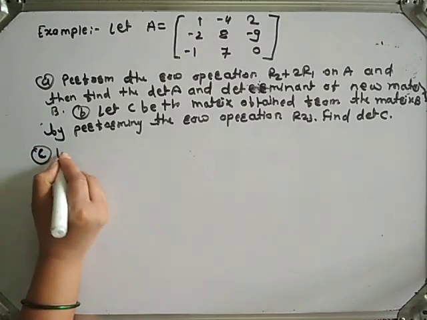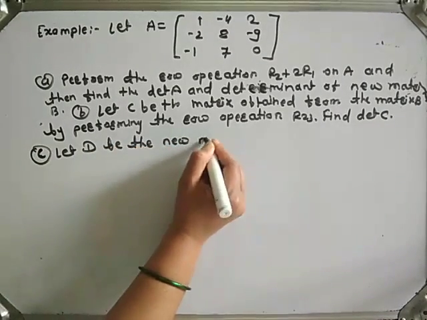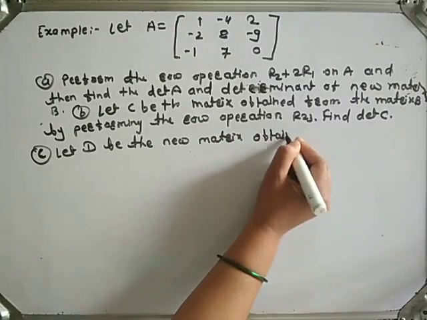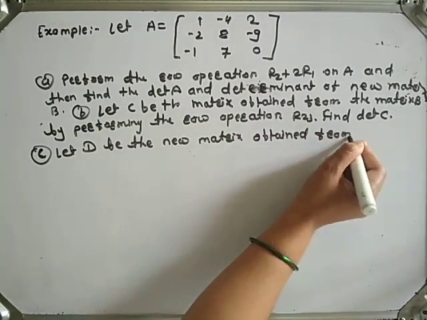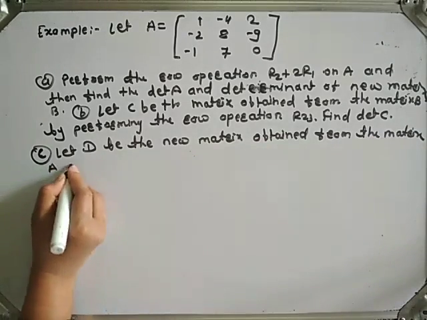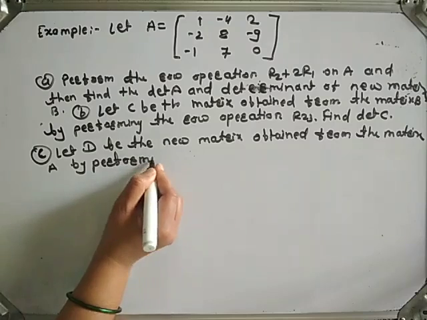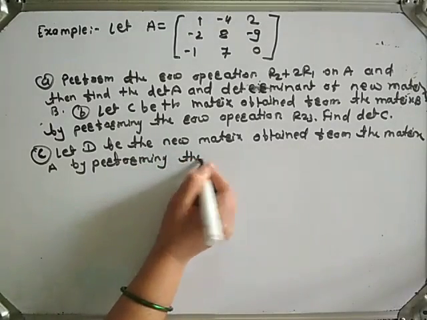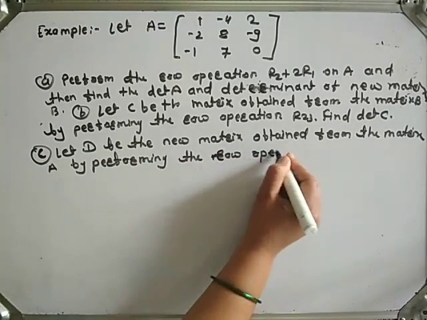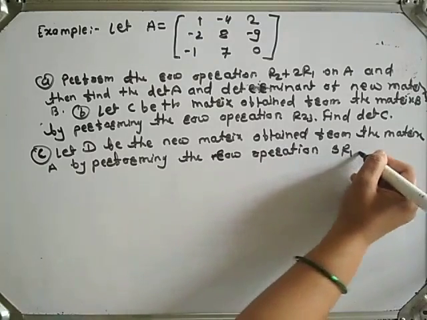C part is, let D be the new matrix obtained from the matrix A by performing the row operation 3 into R1.